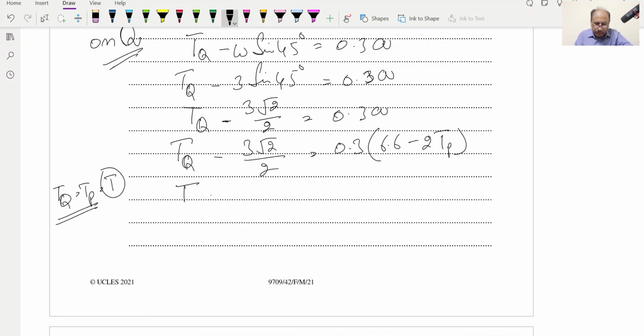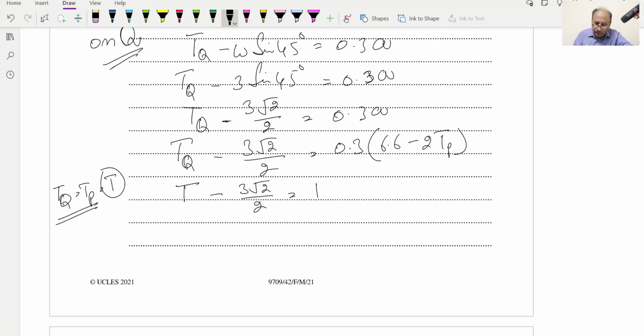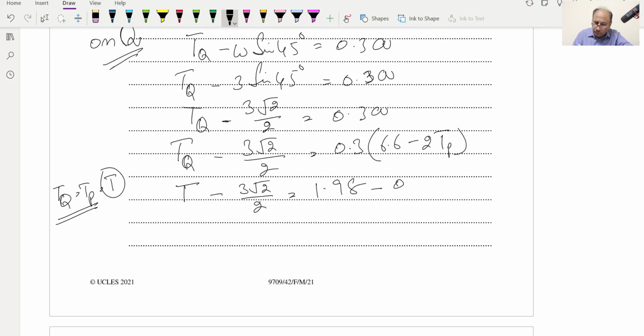So T minus 3 under root 2 over 2 is equal to 0.3 into 6.6, which is 1.98, and minus 0.3 into 2, which is 0.6T. Instead of TP I'm writing T.